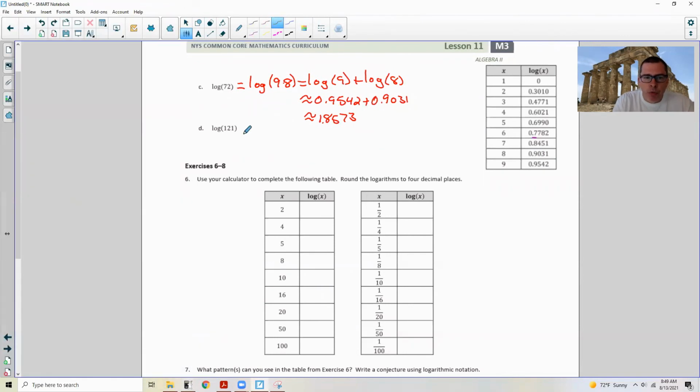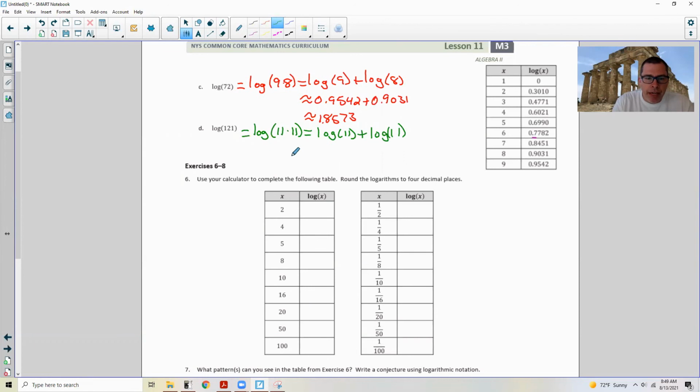One more. Log of 121 equals, the log of 121 is a perfect square, which is the log of 11 times 11, which equals the log of 11 plus the log of 11.